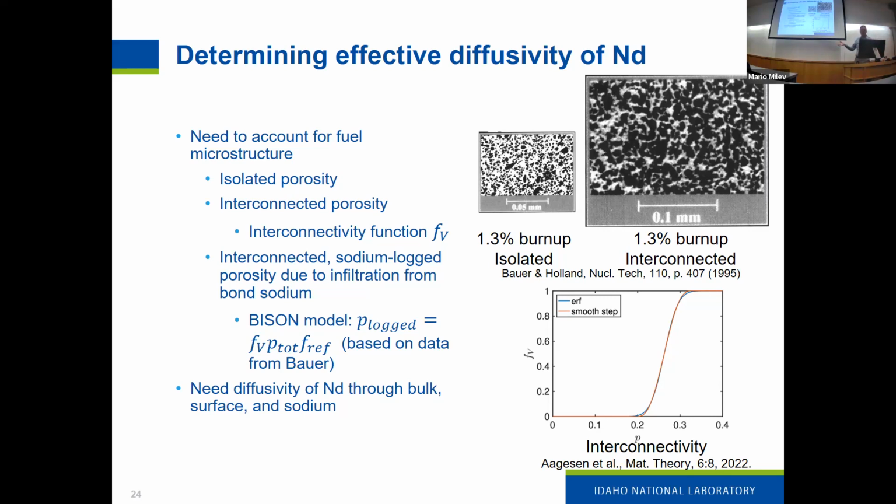As we get to higher burnup, the porosity becomes interconnected. And for this EBR2 fuel and for many other designs such as Natrium, they're still planning on having the liquid sodium. So the liquid sodium can actually then infiltrate this interconnected porosity. So there are three phases that we need to consider and be able to understand each phase's effect on the effective diffusivity.